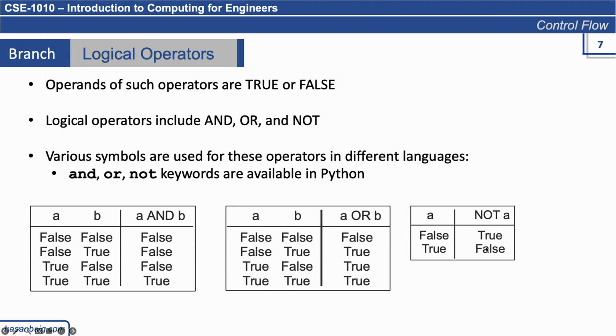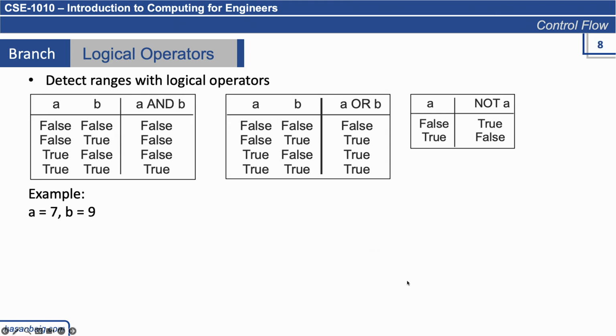If the input is true, the output is false. You can see in the AND operation, only one output is true, when both the inputs are true, and only in that one scenario. In the OR operation, the output is true when either of the two inputs is true.